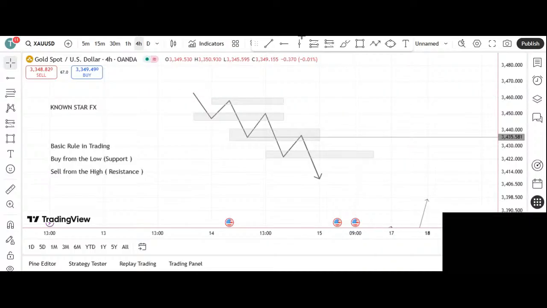Now, let me attend to that question I saw right here. Soft Life is asking, how many things do you have to notice before you sell? That is where understanding the trend of the market comes in. That is what our main class tomorrow, or our next class, will be focused on.